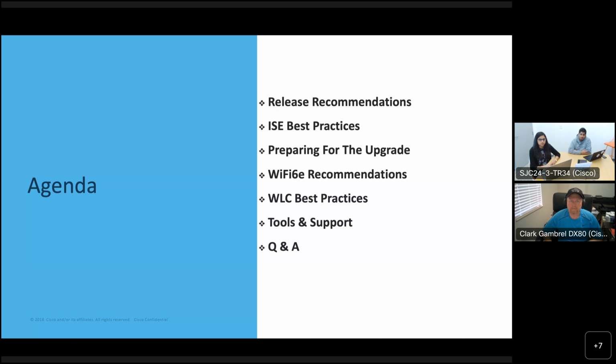And finally, we touch on some of the WLC best practices on the control plane and the data plane, followed by some of the cool tools we have to troubleshoot the problem faster, right? Some of the automation, what are the tools that we have? If you have collected the logs, what do you do? Those are the things that we give some insights on as well, and the support and the escalation process by Dan.